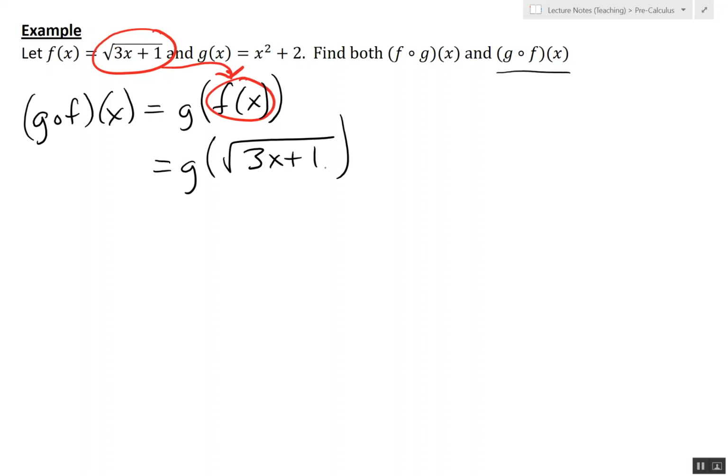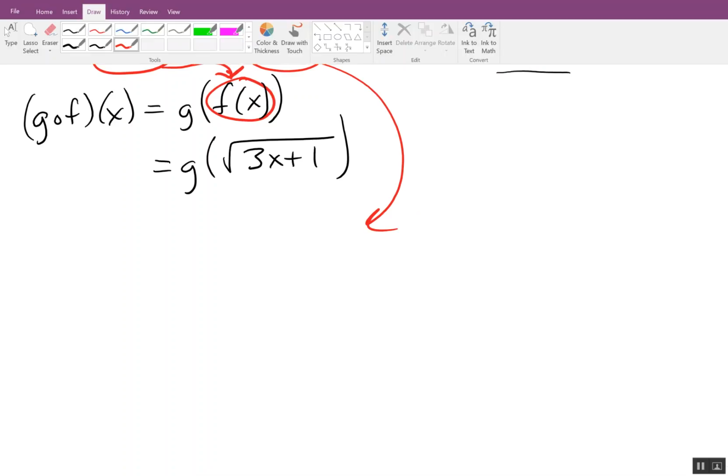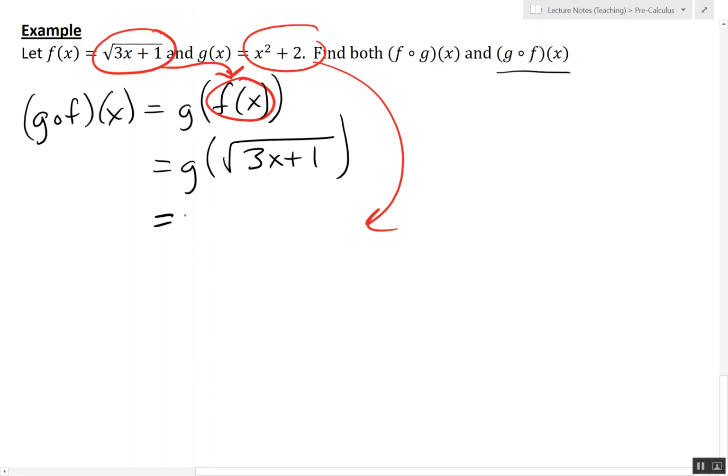And again, this goes back to our first example in this video, is that we are going to now look at g and write it on the next line. But everywhere we have x, we are going to replace it with parentheses. And then remember, exponents always go outside the parentheses, and then the plus 2 just comes along. And so we're going to take this expression here and put it into this parenthesis.